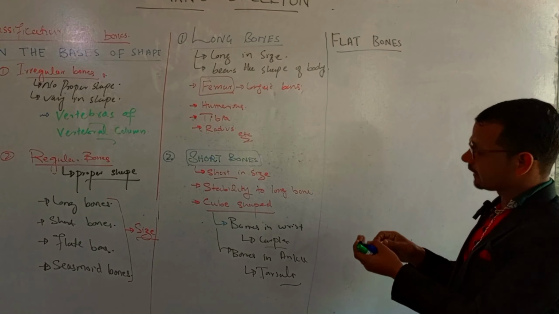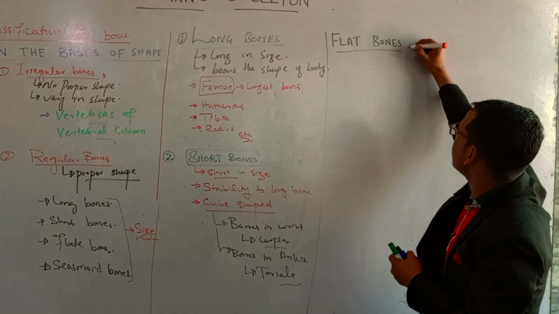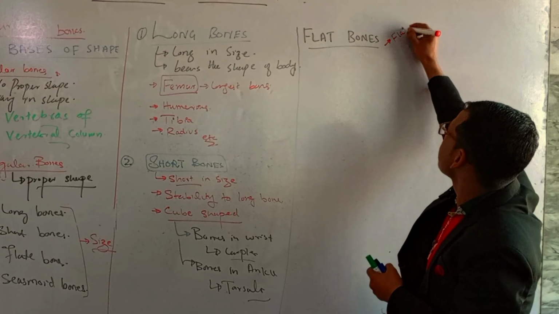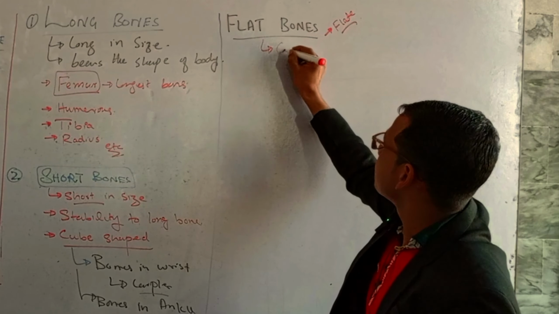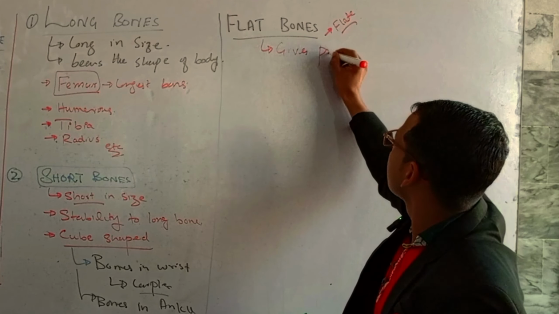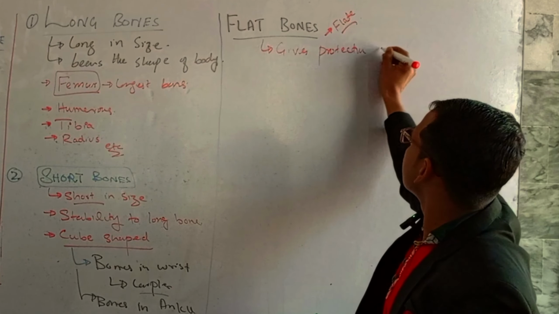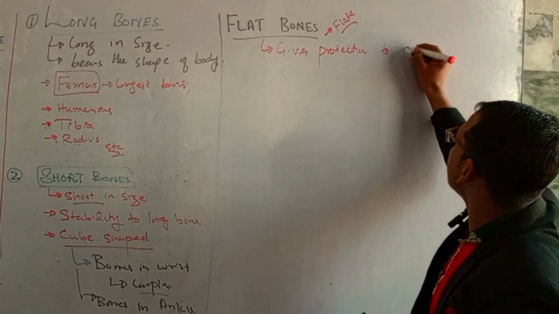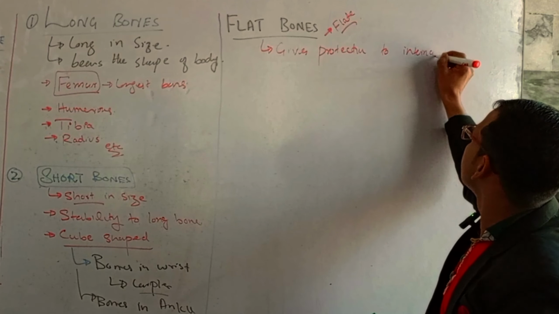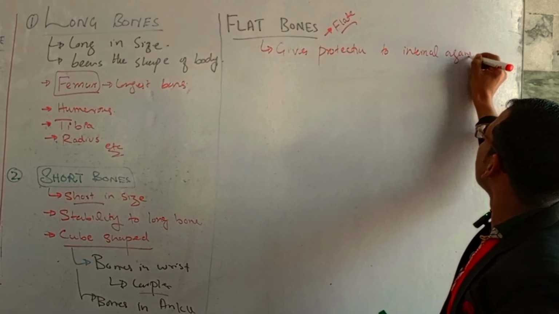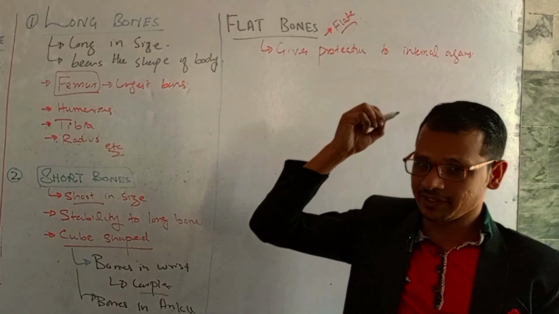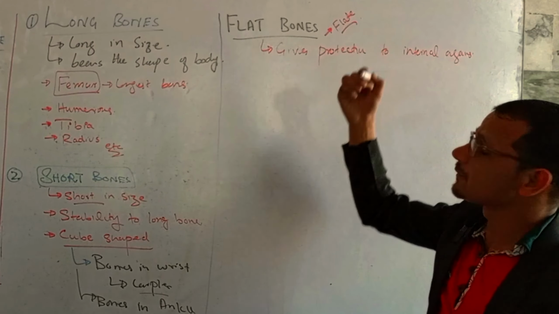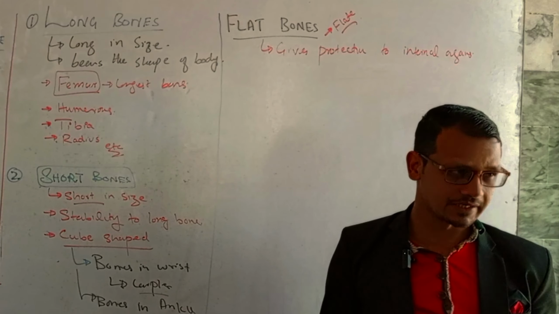Flat bones are flat, and the main function of flat bones is to give protection to internal organs. For example, the best examples of flat bones are ribs and sternum.